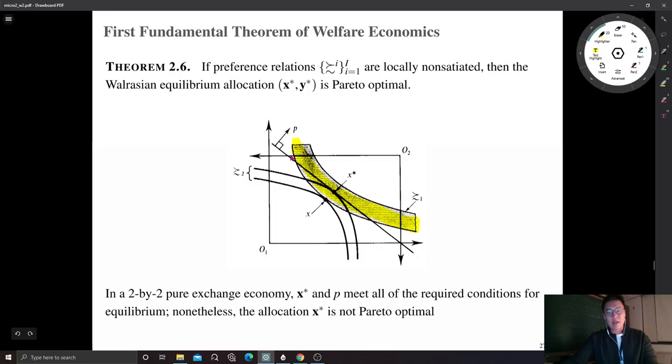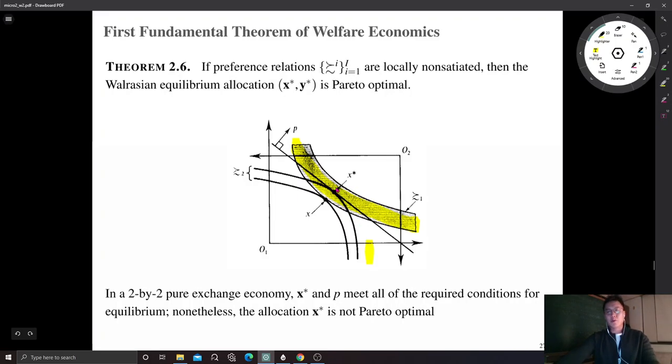That supports this allocation as an equilibrium because at this price vector, consumer 2 maximizes his own utility, right? Within this budget set, this X star maximizes consumer 2's utility.